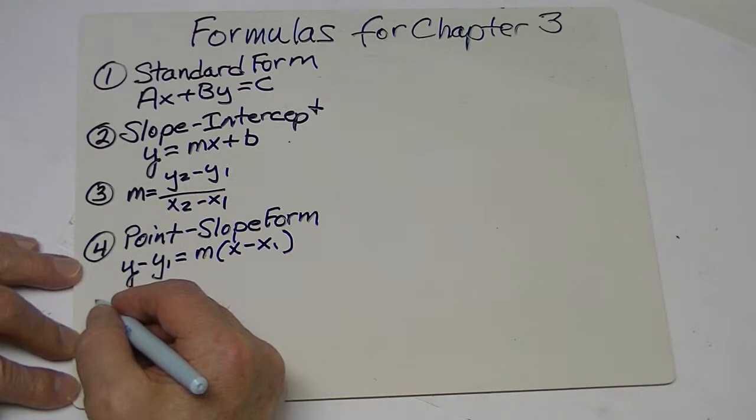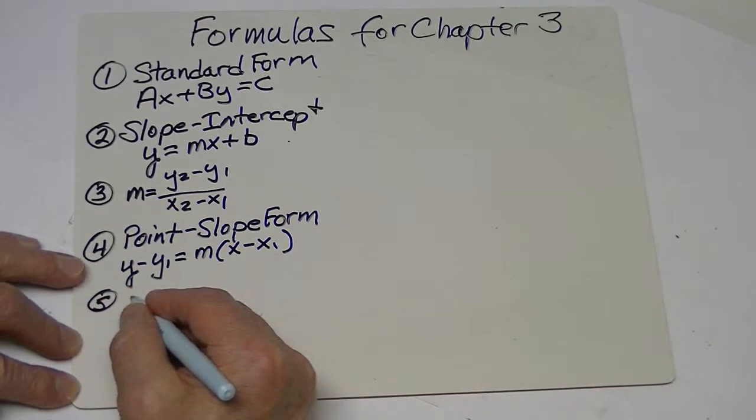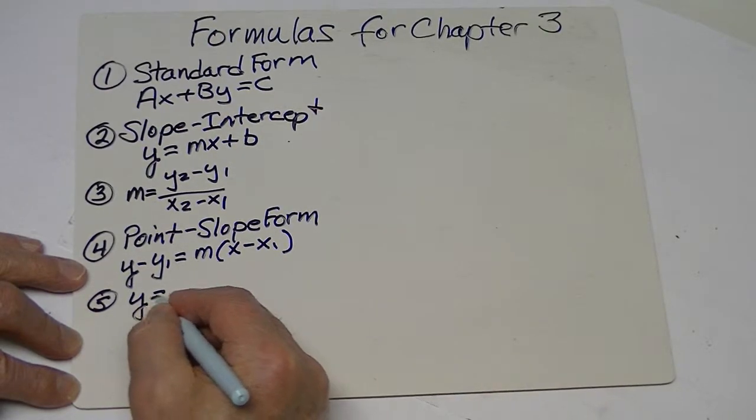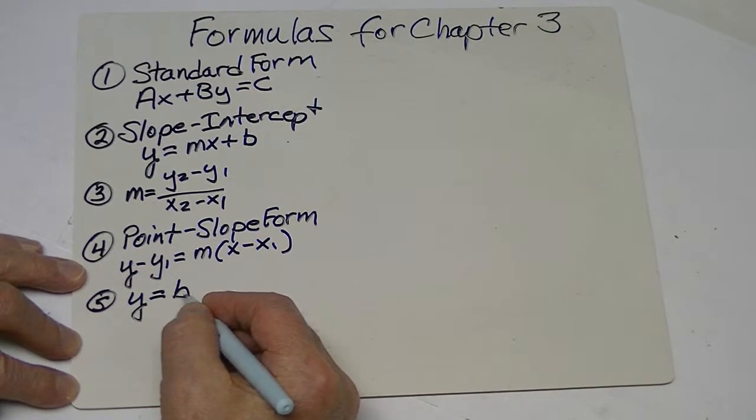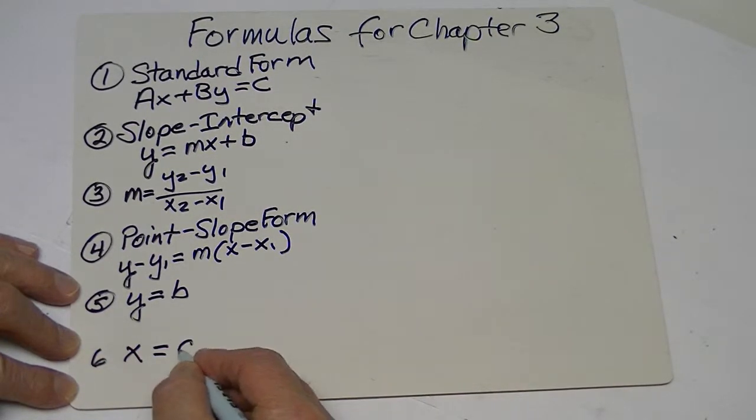And one I like to throw in here is this one. We call it Formula 5. y equals b, and 6, which is x equals a.